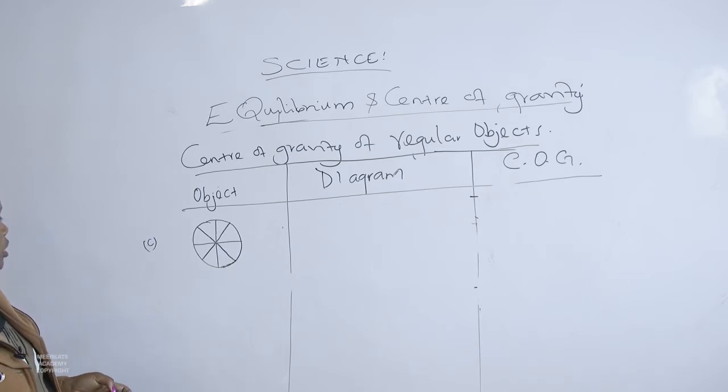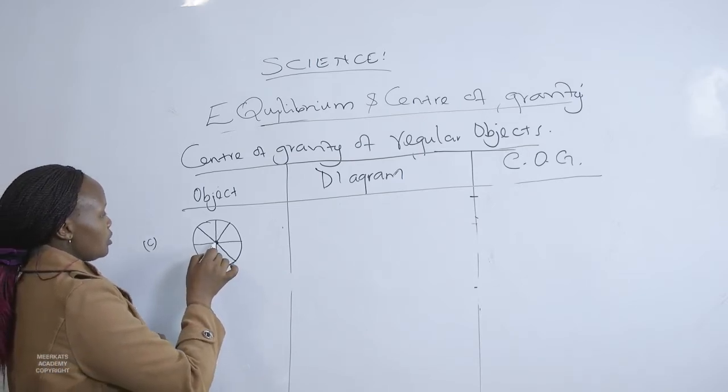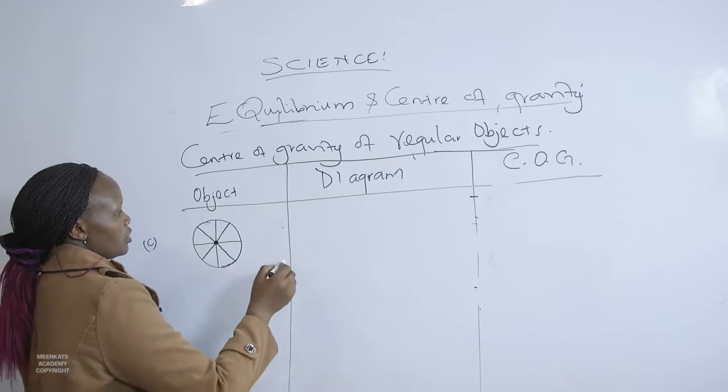Then find out whether the diagonals meet at a particular point.